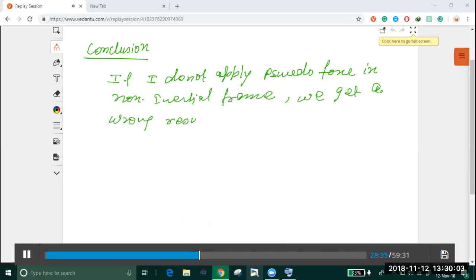And we get a wrong result, hence the second law is not valid for a non-inertial frame.